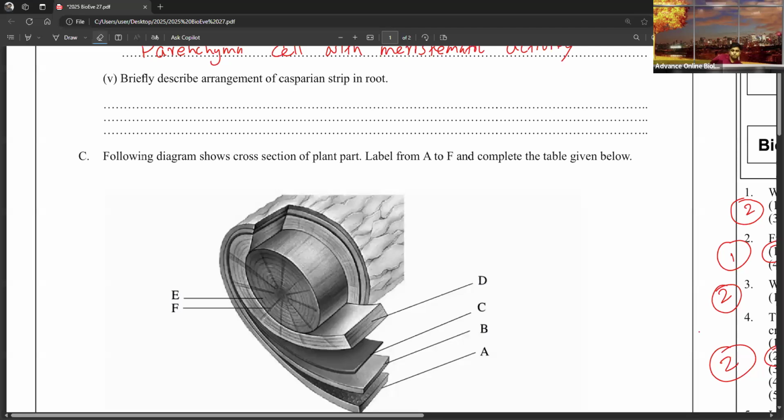It is a belt of suberin in the endodermal cells, with no intercellular spaces. Right, I'll take it like that.